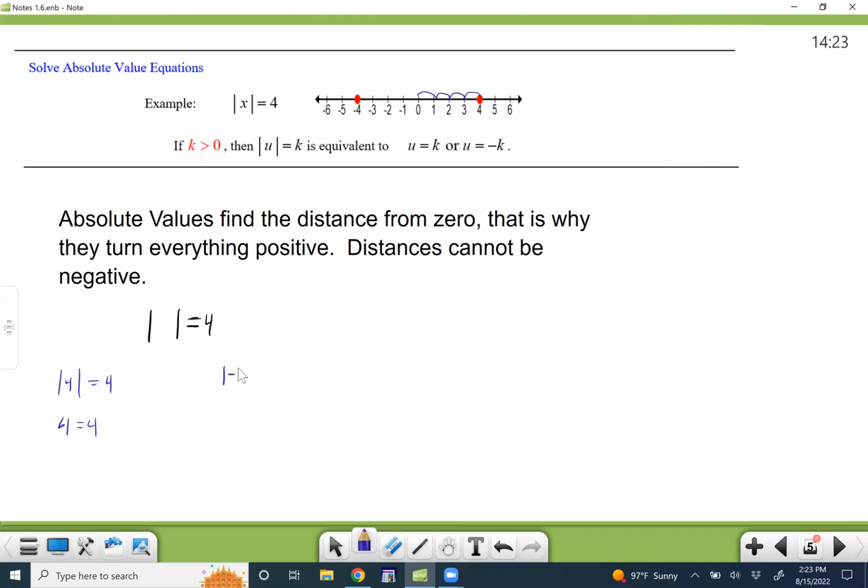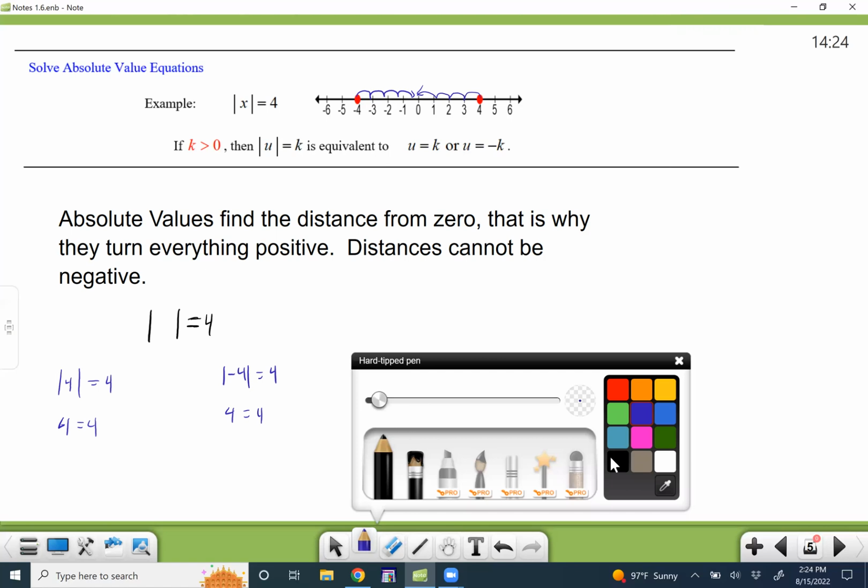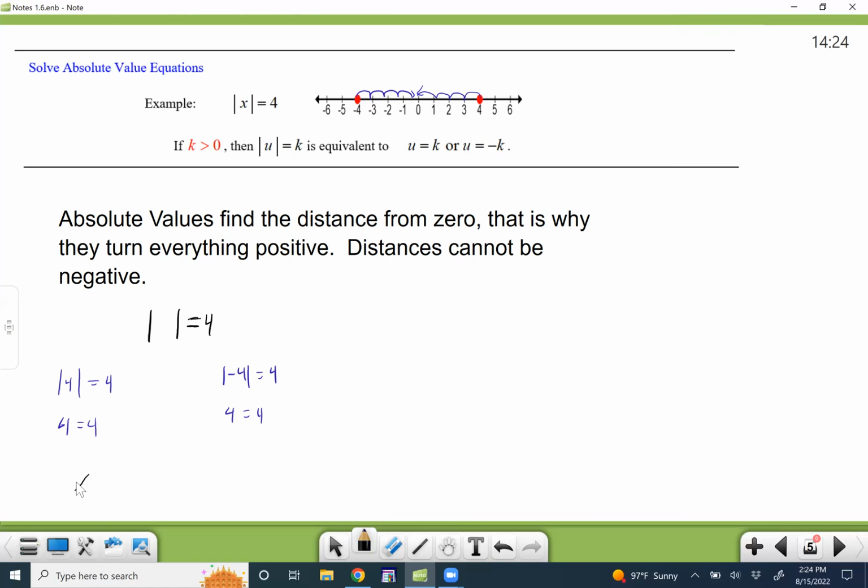But I could also put negative 4 in. Remember, the absolute value of negative 4 is positive 4, right? And that's because negative 4 is also 4 away from 0. So there's actually two answers to this question as to what could we put in the blanks. We could put in 4, or we could put in negative 4. So often you will have two solutions.